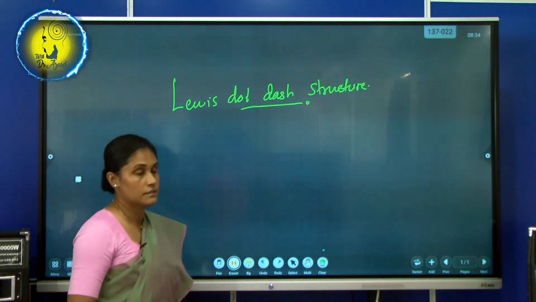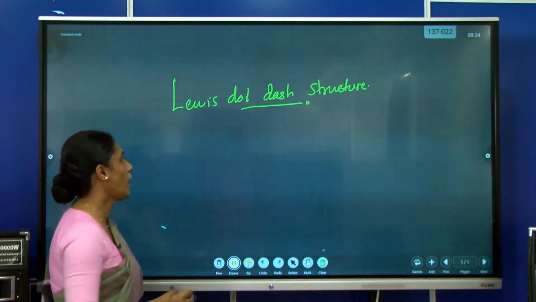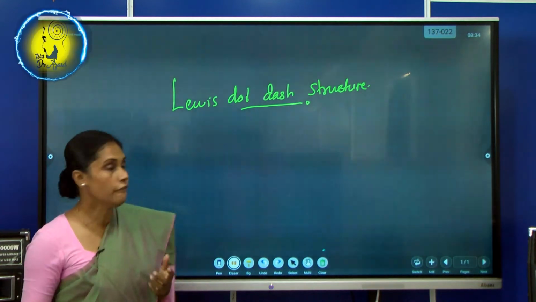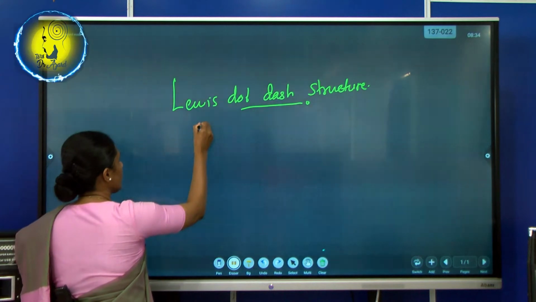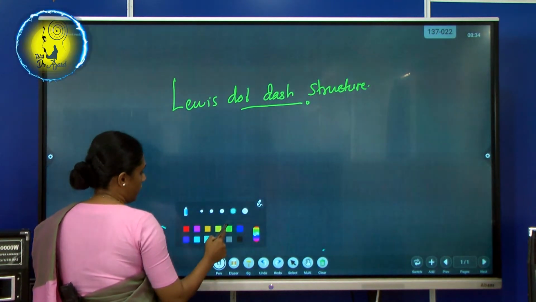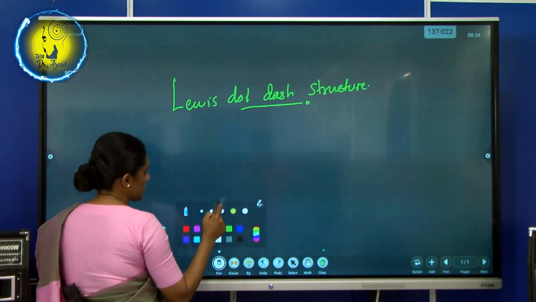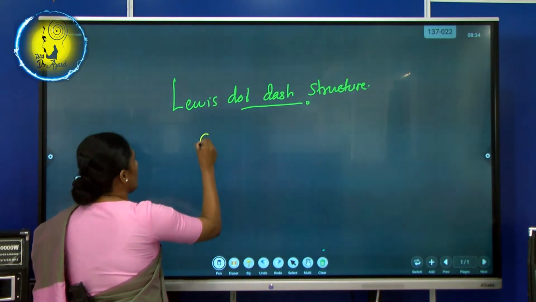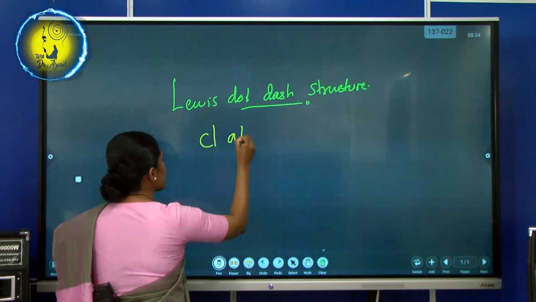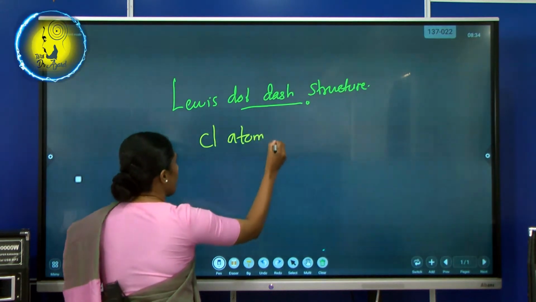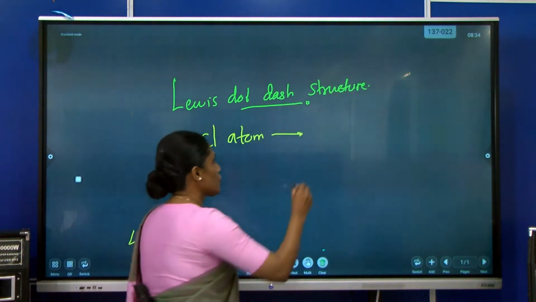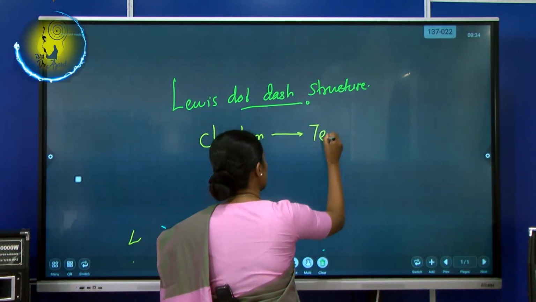Let's write, as a beginner, the valence electrons of the chlorine atom. From the chlorine atom, in the outermost shell, it has 7 electrons.